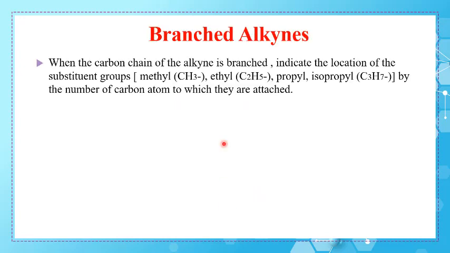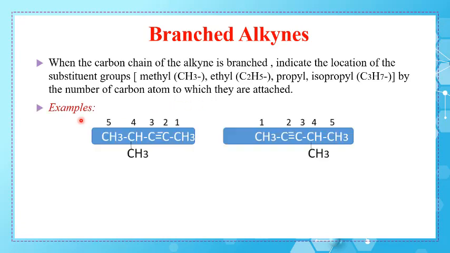Branched alkynes. When the carbon chain of the alkyne is branched, indicate the location of the substituent groups methyl, ethyl, propyl, isopropyl by the number of carbon atoms to which they are attached. For example, this condensed structural formula. First, we must take the longest carbon chain containing the triple bond, and we must number nearer to the triple bond, so we must begin numbering from here.